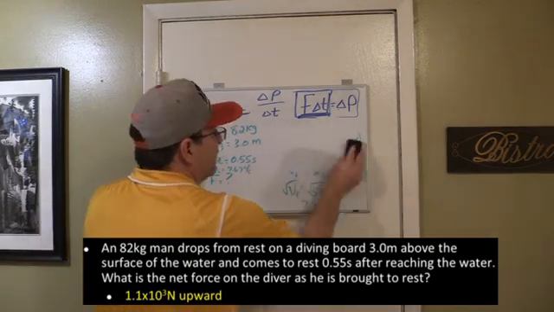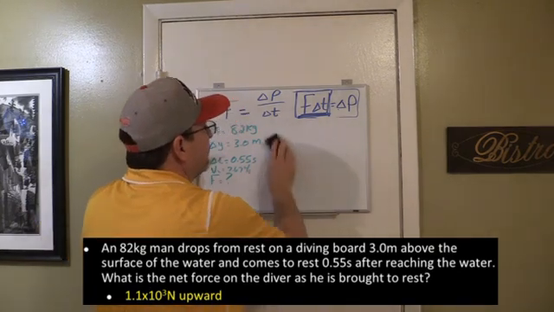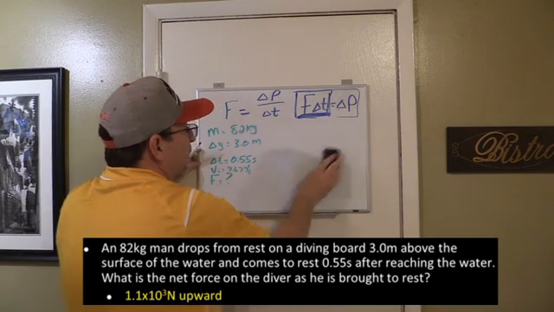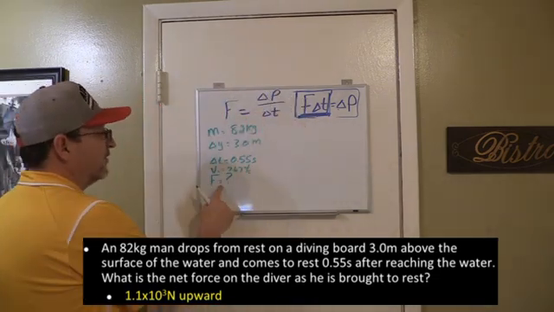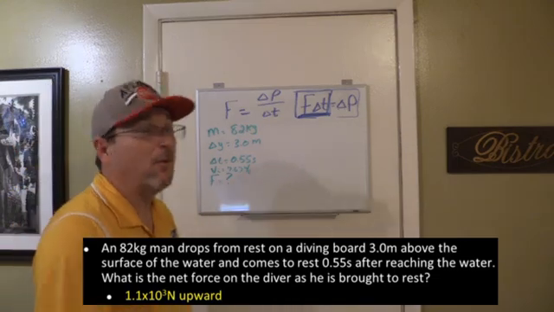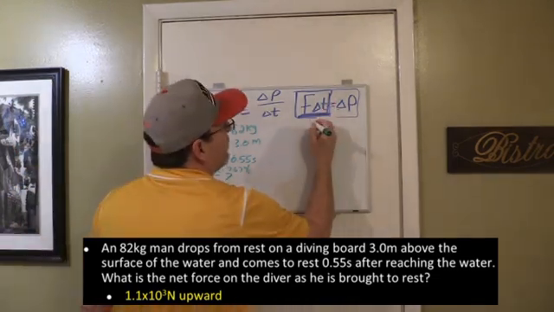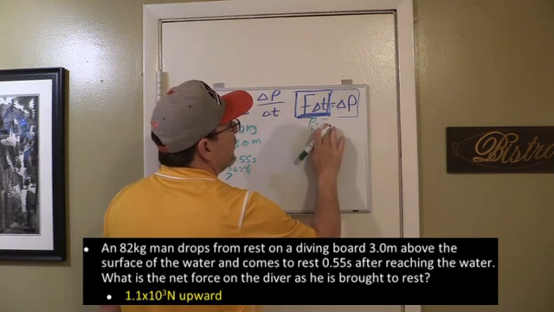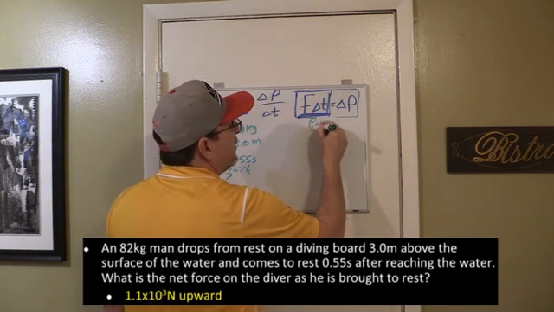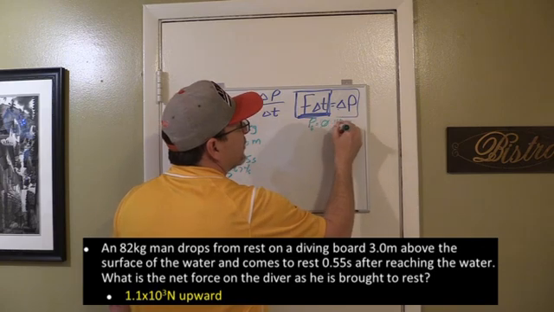All right, I'm going to get rid of this so I have a little bit of room on my board. I need to find out what the force is, same thing as I did before. My final momentum is going to be 0 kilogram meters per second.